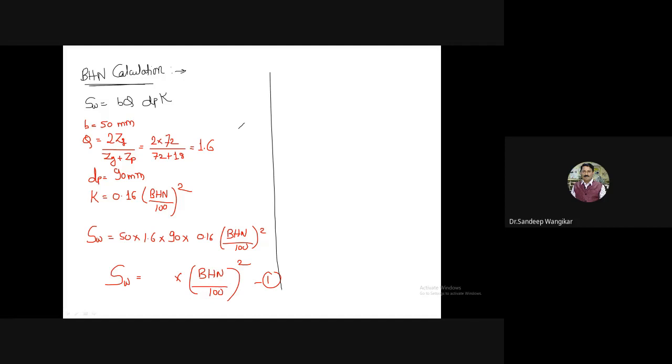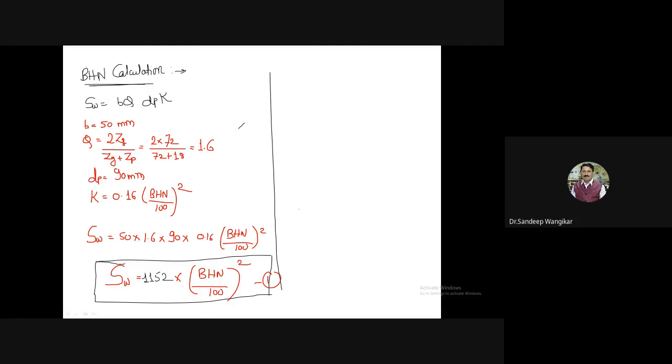So I will write down here the value as 1152. This is my SW value in terms of BHN. I have to calculate the BHN now.